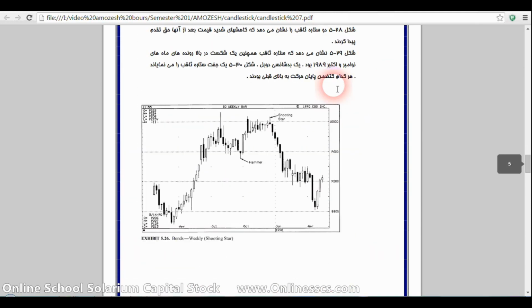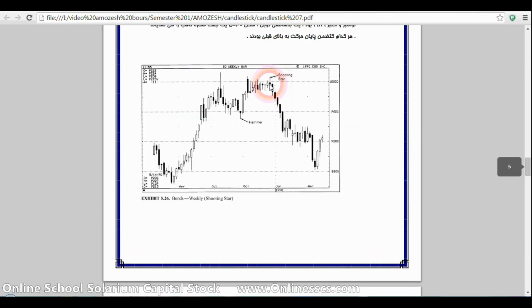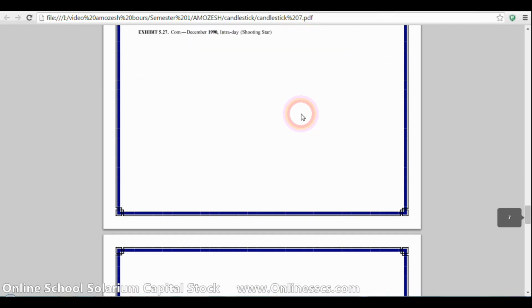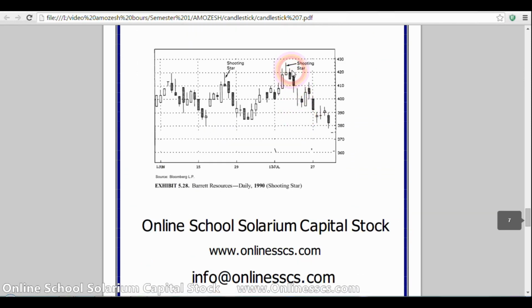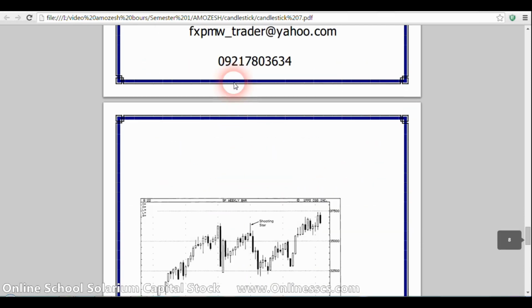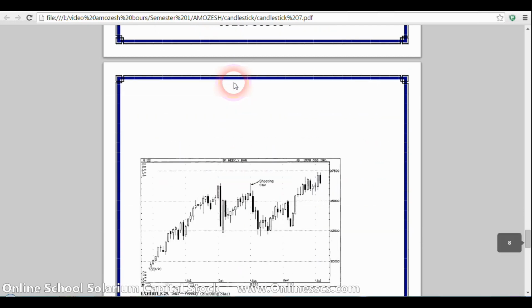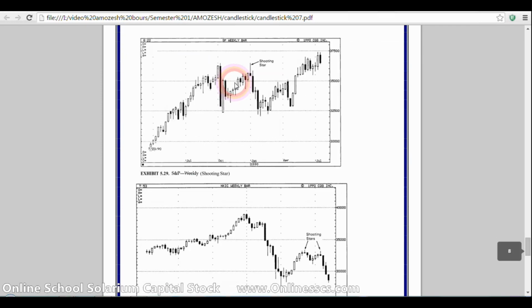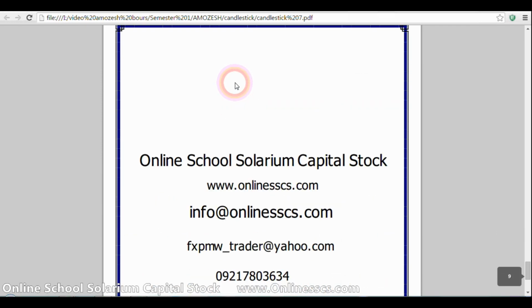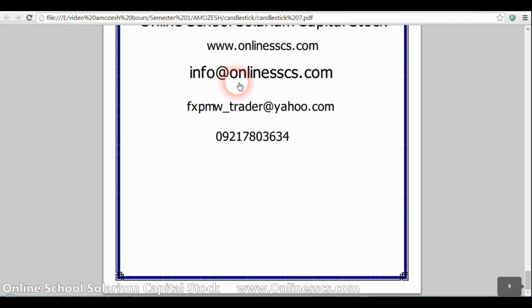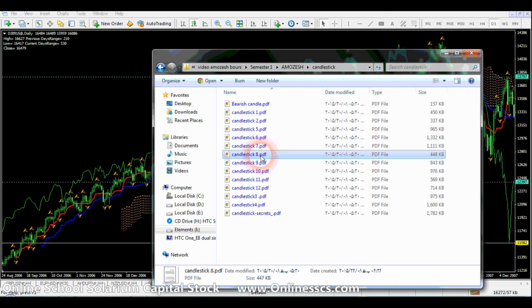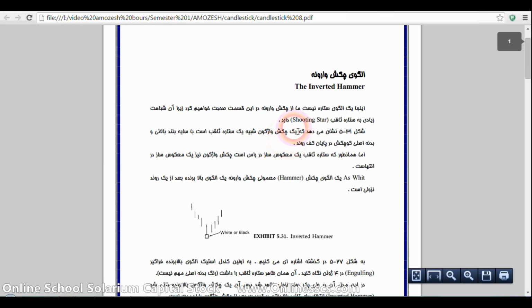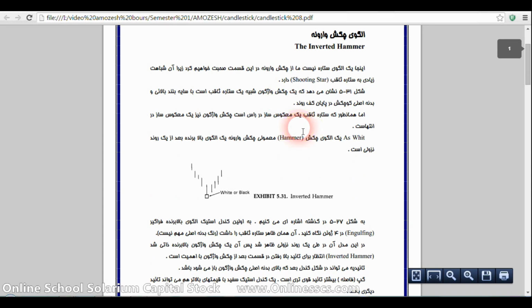Shooting star. They call it shooting star. We call it a reversed hammer as well, or the inverted hammer, where it's in the bottom of the chart and the shadow is on the top.